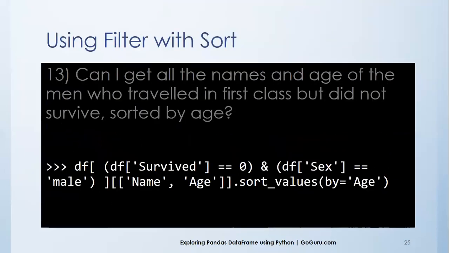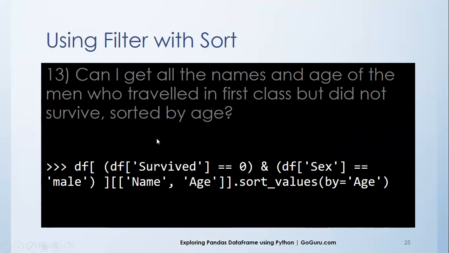And 13, can I get the names and age of the men who traveled in first class but did not survive, sorted by age? So in order to do that, we need to do a df with survived is equal to 0, which says they did not survive, and then the sex is male, and you want to list just the name and age.